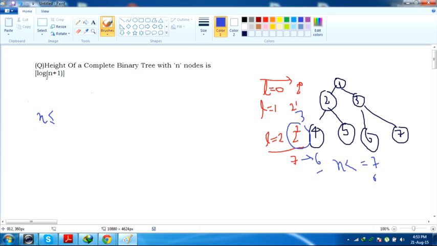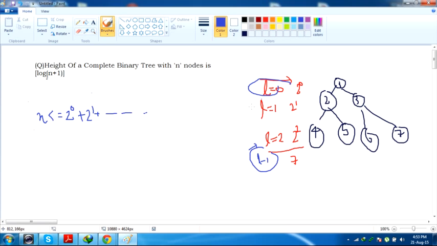This actually explains it. So n is less than or equal to the sum of 2 to the power 0, 2 to the power 1 and so on. Since levels start with 0, the last level will be L minus 1, so 2 to the power L minus 1.